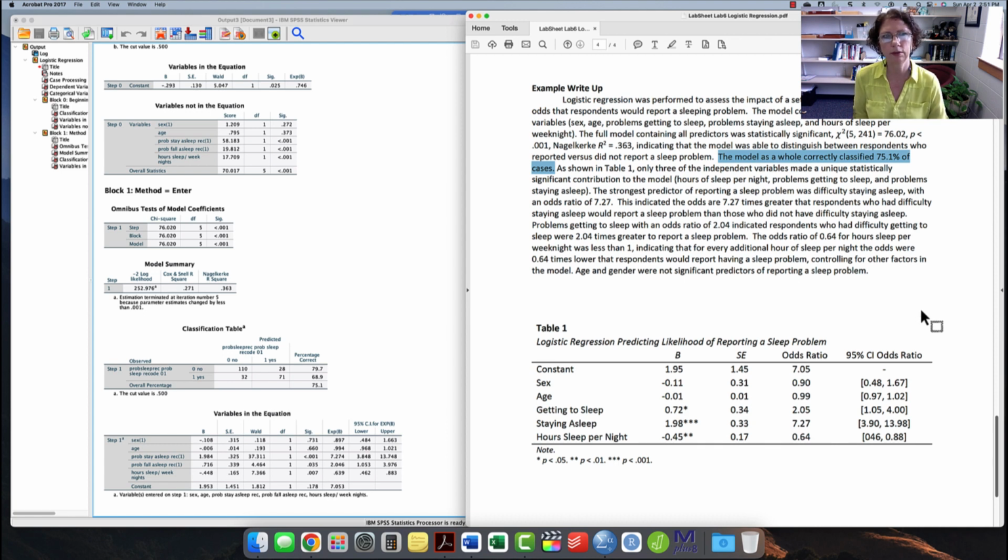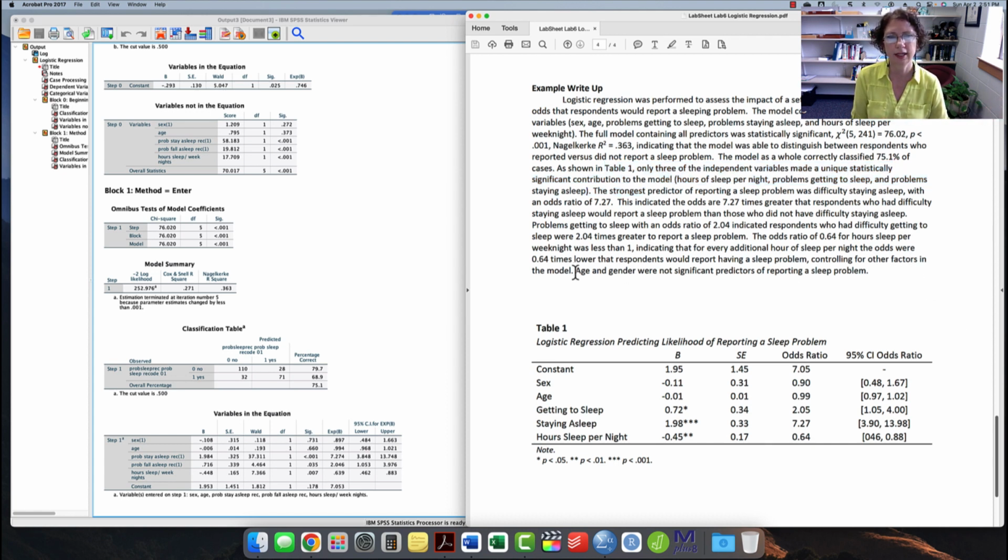Well, this model will correctly classify 75.1% of the time. That's how good it is. Then you go into your regression coefficients and you have to explain it in terms of odds ratios and how many times more or less likely someone in that predictor would also fall into the yes category of the outcome. Yes, this is someone more likely to report problems with sleep.